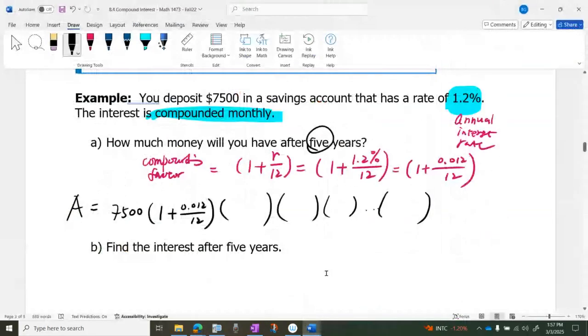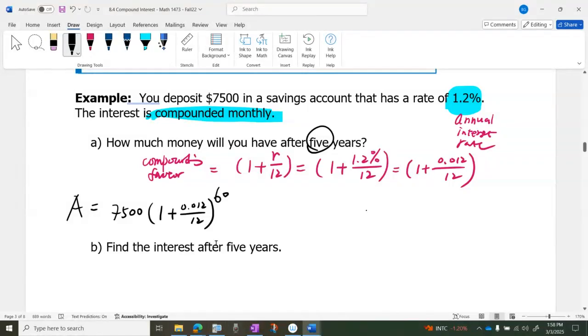So here, instead of multiplying the compounding factor 60 times, we are just going to raise the compounding factor to the power of 60. Means the same thing, right? An exponential expression represents repeated multiplication. So instead of multiplying the compounding factor 60 times, we just raise it to the power of 60. Does that make sense, everybody?